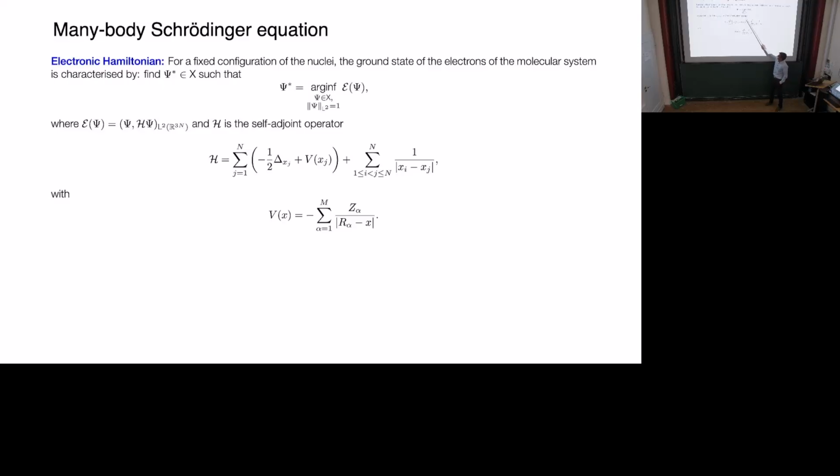This is the interaction between the nuclei. The nuclei, again, this is classical Coulomb. That's a potential generated by the n nuclei at position R alpha with charge Z alpha. They generate the potential, and the electrons feel that potential, and for each of them you evaluate it at xj.